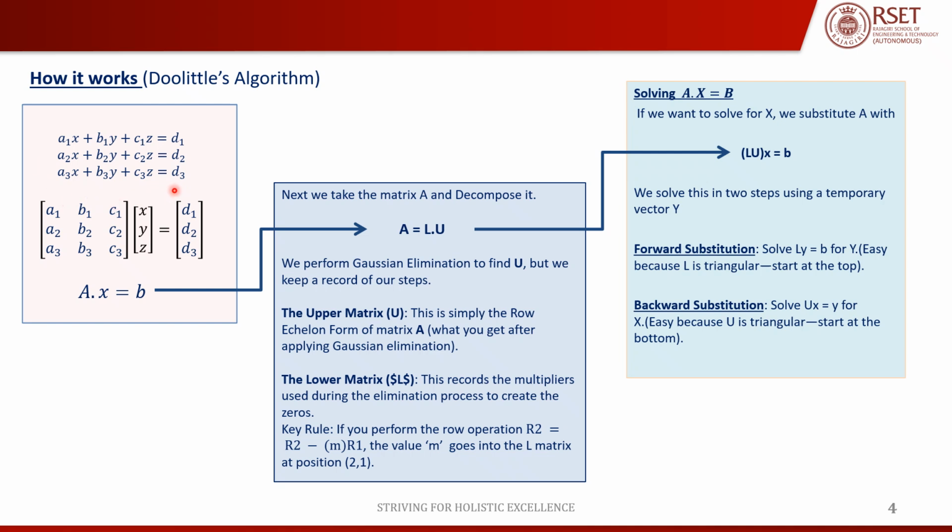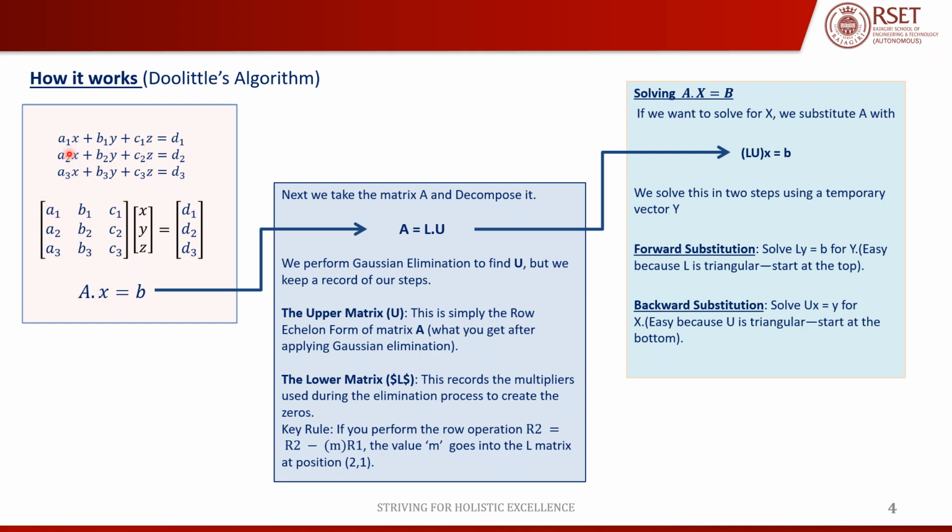like this as usual. And here we are converting it into an equation like AX = B. Here A is the matrix of the coefficients of x, y, z.